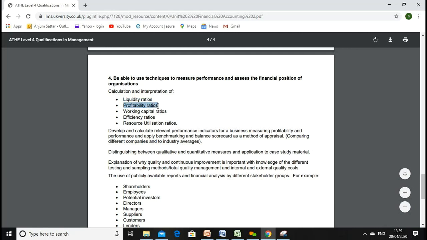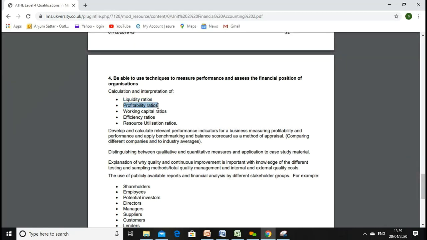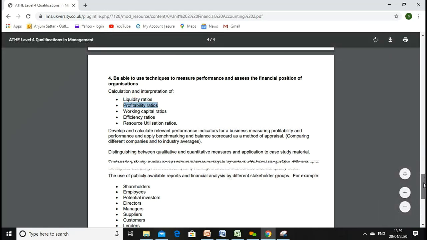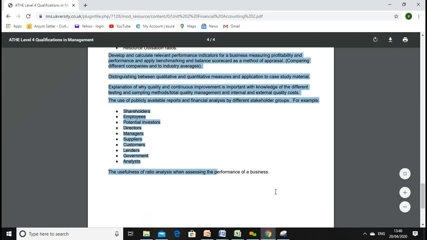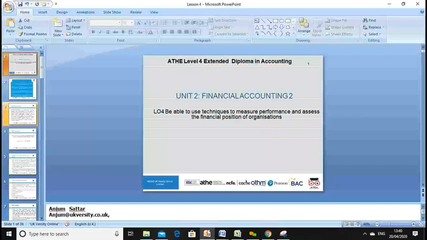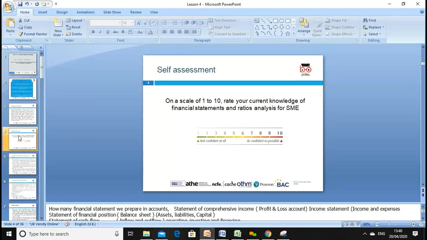Liquidity ratio, where the most liquid is quite good, near to cash: current assets divided by current liabilities. Profitability ratios, working capital ratios, efficiency, and use of resources. This is the indicative content on the users of the financial statements, and we'll go through these ratios so we can make decisions about different organizations in different environments.